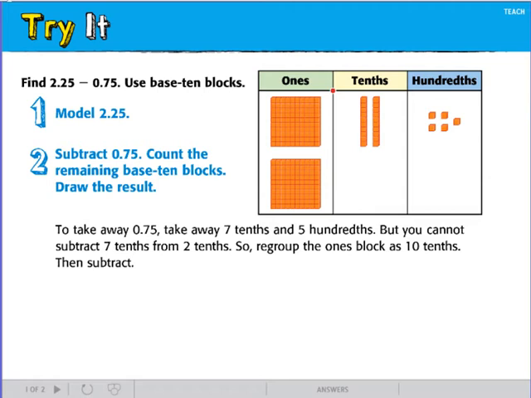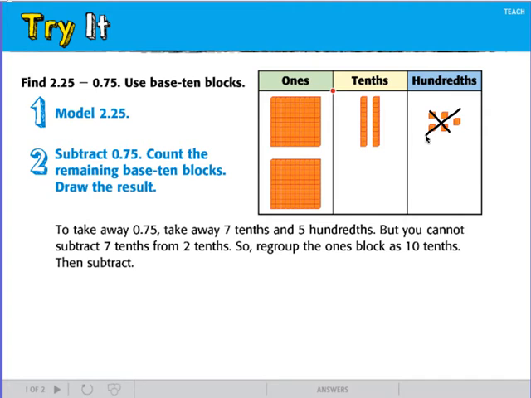So here's 2 ones, 2 tenths, and 5 hundredths. Now, we have to subtract 75 hundredths. Okay? So if I start over here at my hundredths, how many hundredths do I have to subtract? 5. All 5, right? So I just get rid of those.